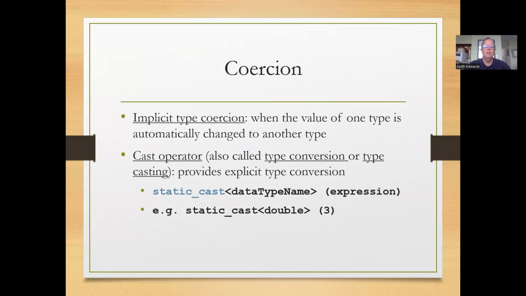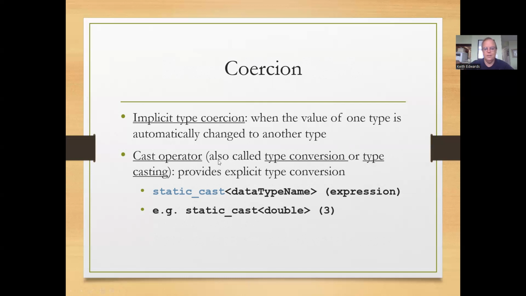So you can have things that are changed from one data type to another, and that's called coercion, and something you may want to be aware of if you're doing scientific calculations, and we'll get into a little bit of that in the numerical analysis course. And so there's implicit type coercion when the value of one type is automatically changed to another, like the example that I had on the last slide. There's also explicit, where you explicitly say, hey, I want to change that from one type to another.